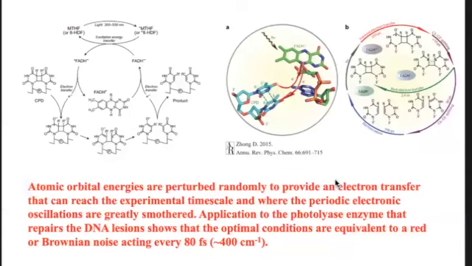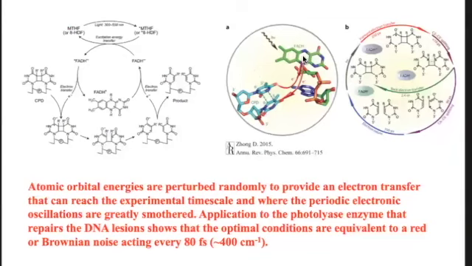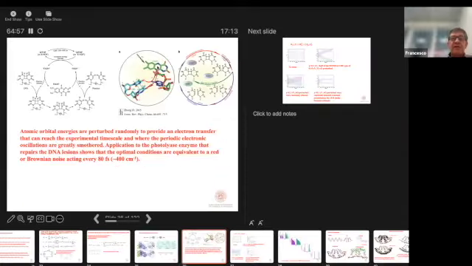And so what we did initially was just to localize the electrons on the active sites, this FADH site of the protein, and then see how the electron would move to the lesion, the DNA, where the DNA has the problem. And by integrating the equation of motion, we were able to see that, of course, this is just driven, in a sense, by energy differences.